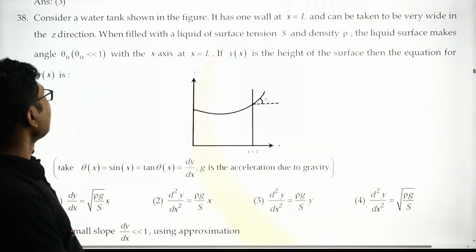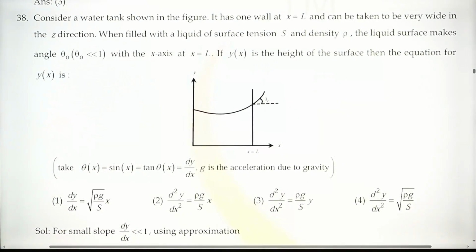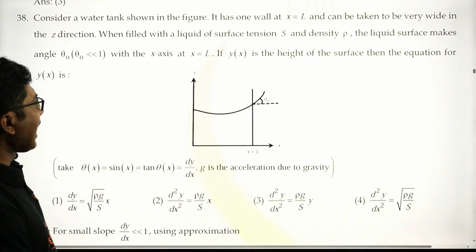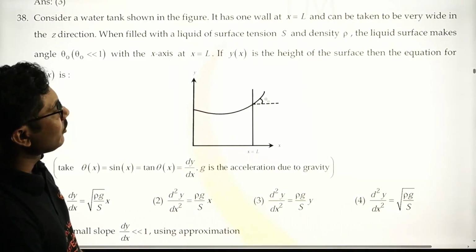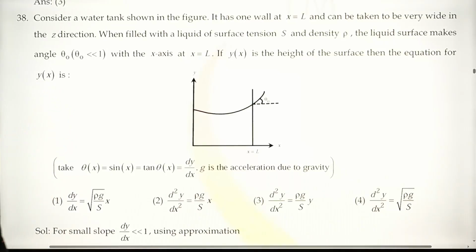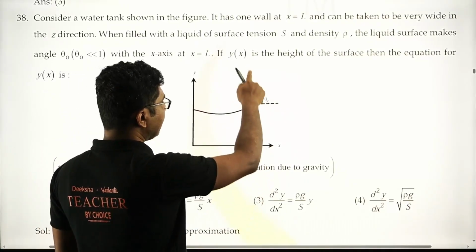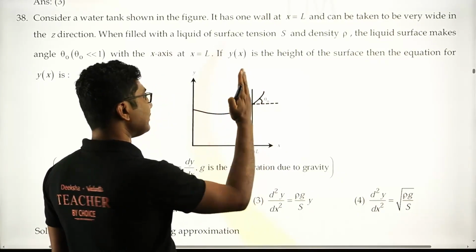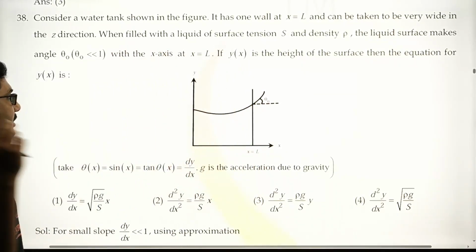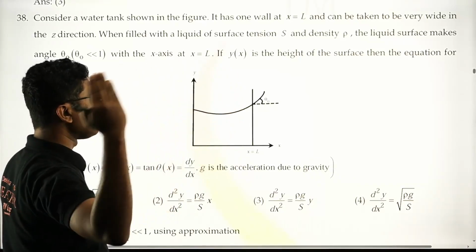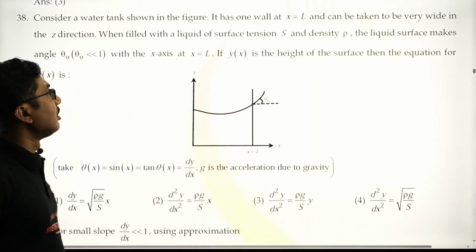Consider the water tank shown in the figure. It has one wall at x equals L, and can be taken to be very wide in the z direction. This is x, this is y, so the z direction is this one. So in this plane it is very, very long.